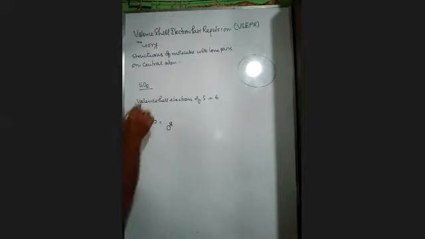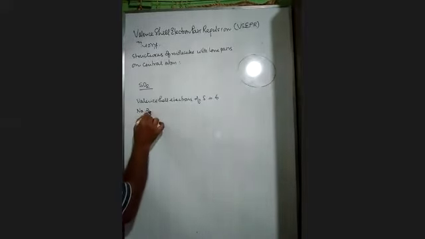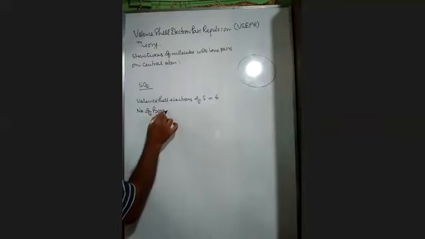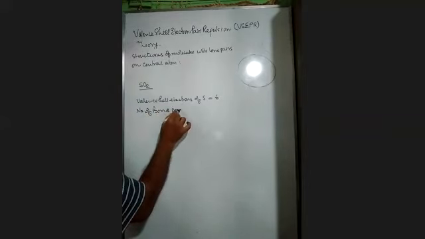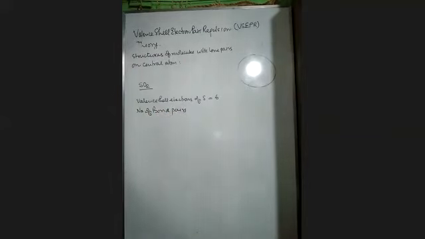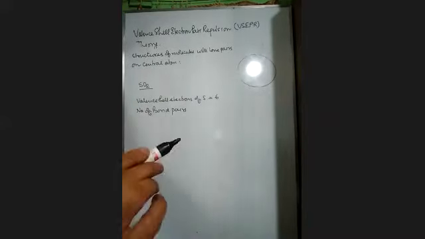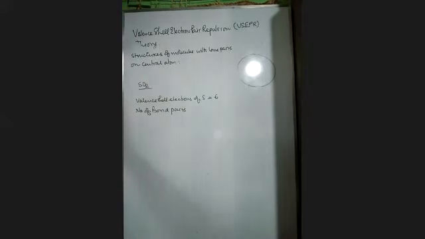So in that case, number of bond pairs. This is the important demerit of VSEPR, that VSEPR could not distinguish between single bond and double bond.